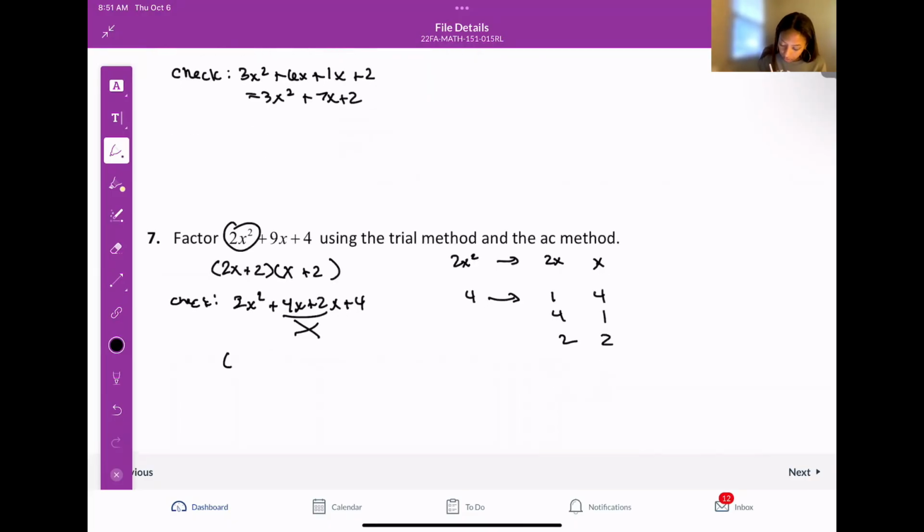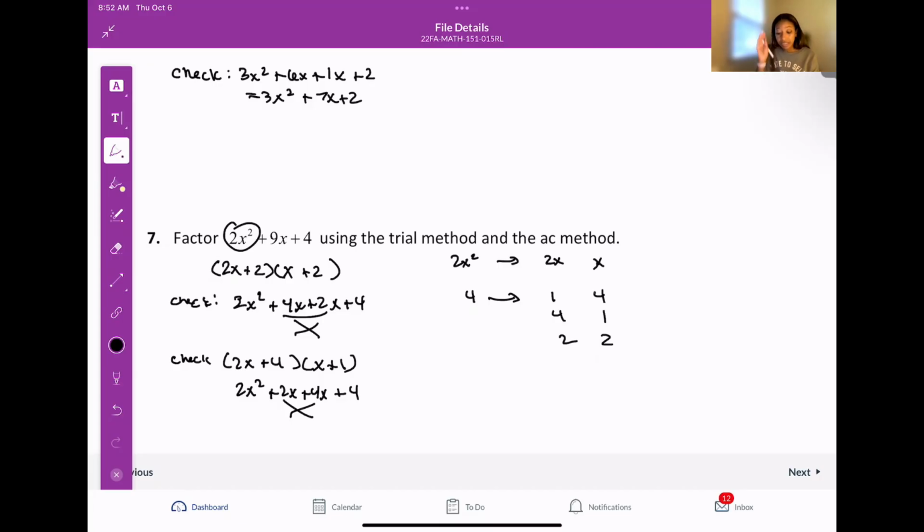All right. If we check the other one, 2x plus 4 times x plus 1, that gives us 2x squared plus 2x plus 4x plus 4. Another one that doesn't work.